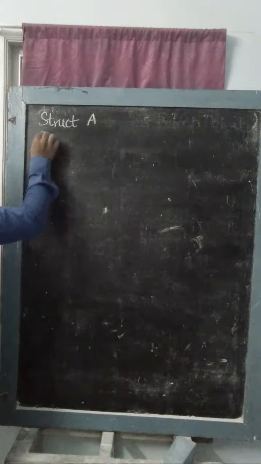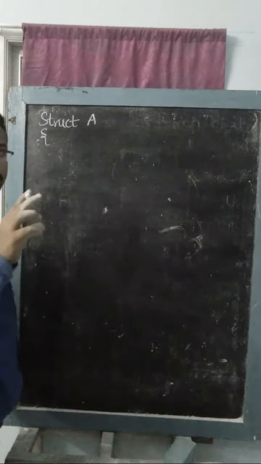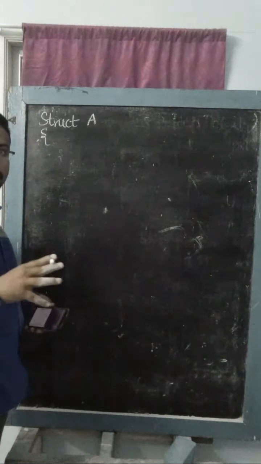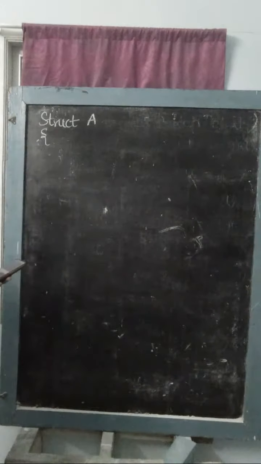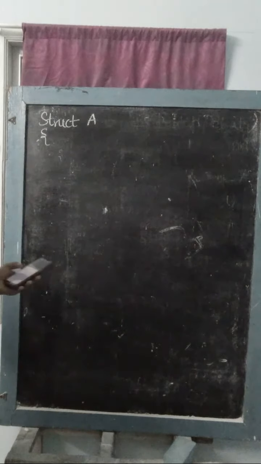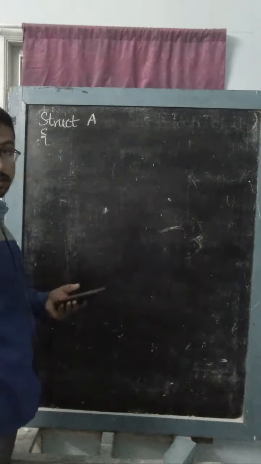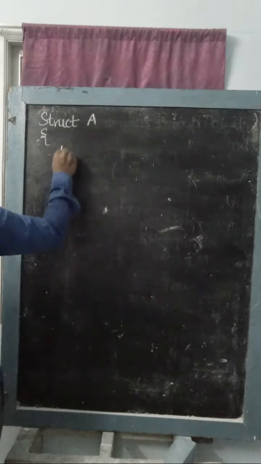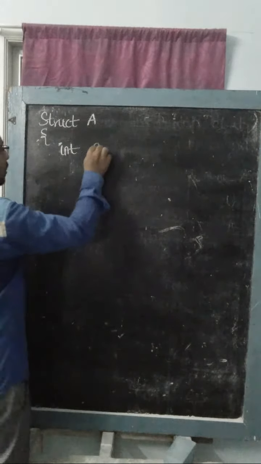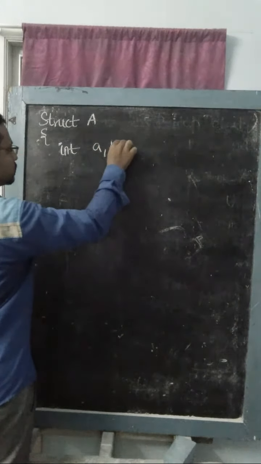I'm writing a small program because structure within a structure means it will be enlarged. That is a nested structure. And then integer A, comma B.